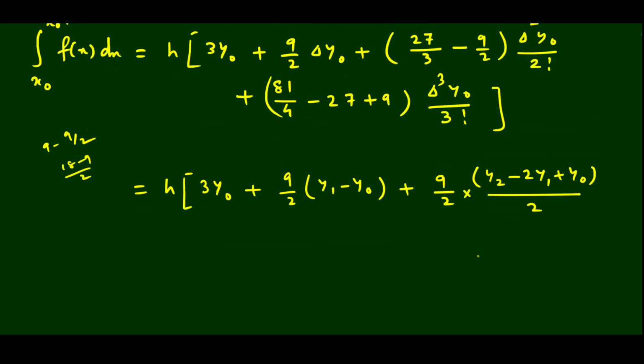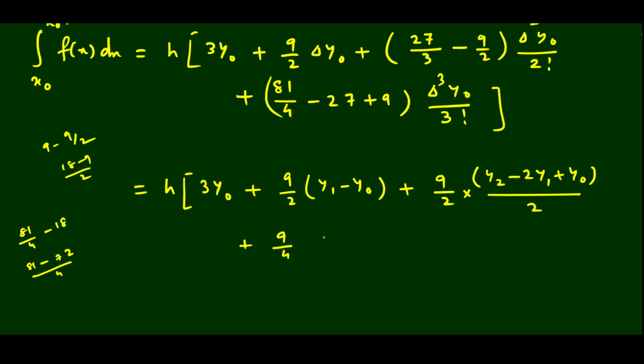Then the next term: 81 by 4 minus 27 plus 9. If you take the LCM, we get 81 by 4 minus 18, which is 9 by 4.